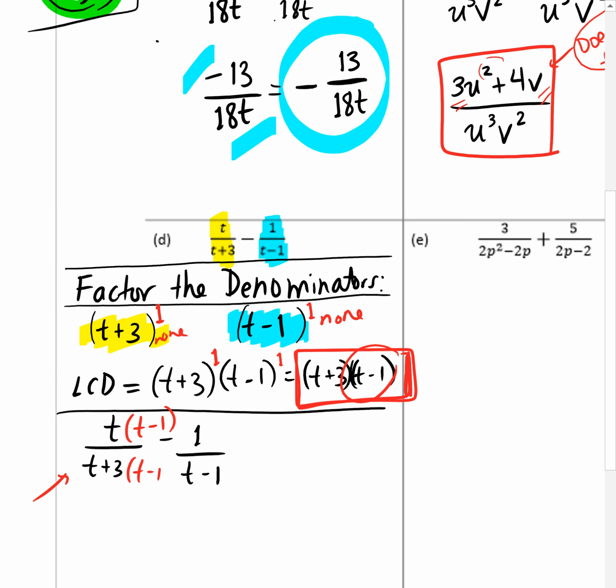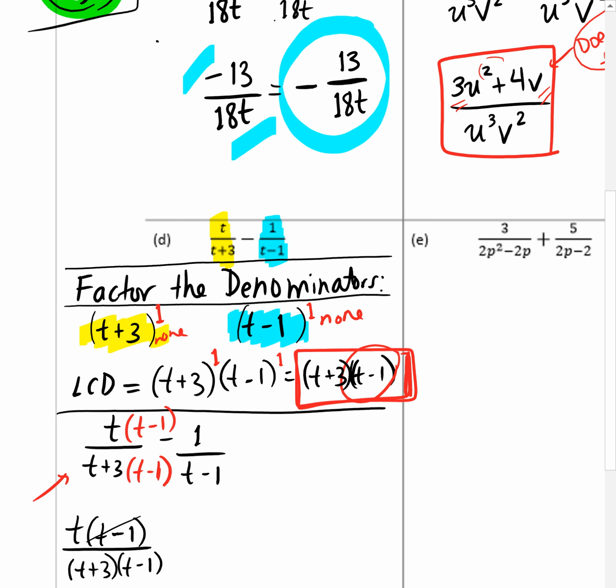It's a good idea to leave it in parentheses, because this is the first time where whatever we're multiplying the numerator and denominator by has more than one term. Let me rewrite that guy downstairs. He is t times t minus 1, over the common denominator t plus 3, t minus 1.